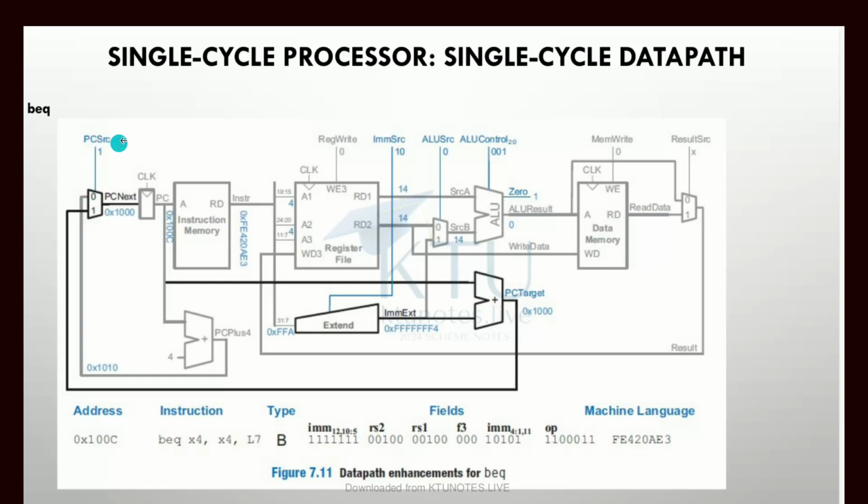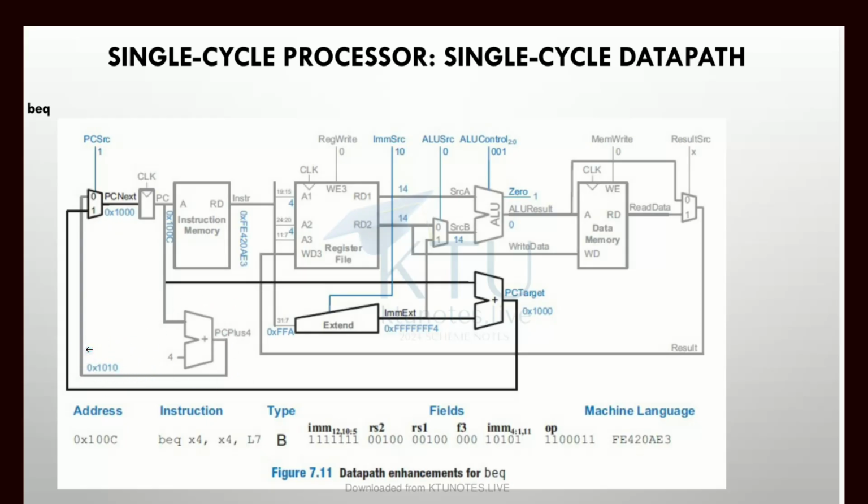PC SRC is branch AND zero. The 0 flag we got here is 1, so PC SRC's value is 1. If PC SRC's value is 1, the next instruction that would be executed is the jump instruction that you got, that is 0x1000, and not the next instruction you got by PC plus 4.